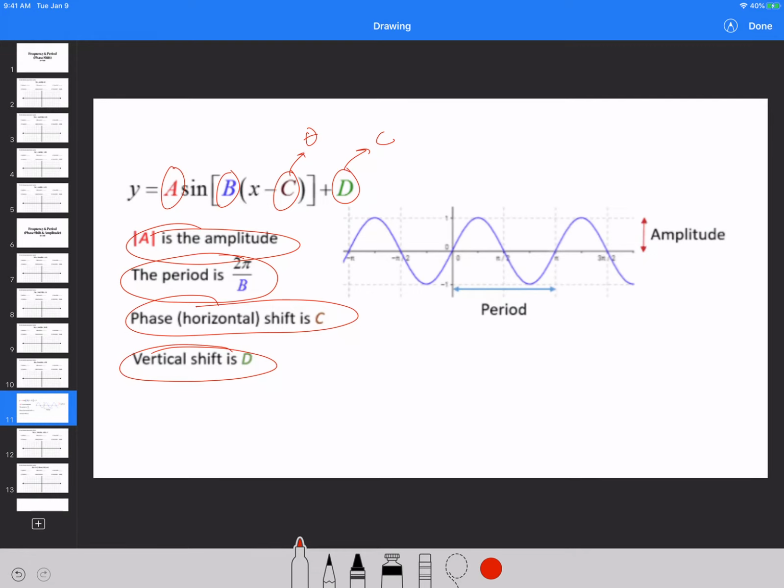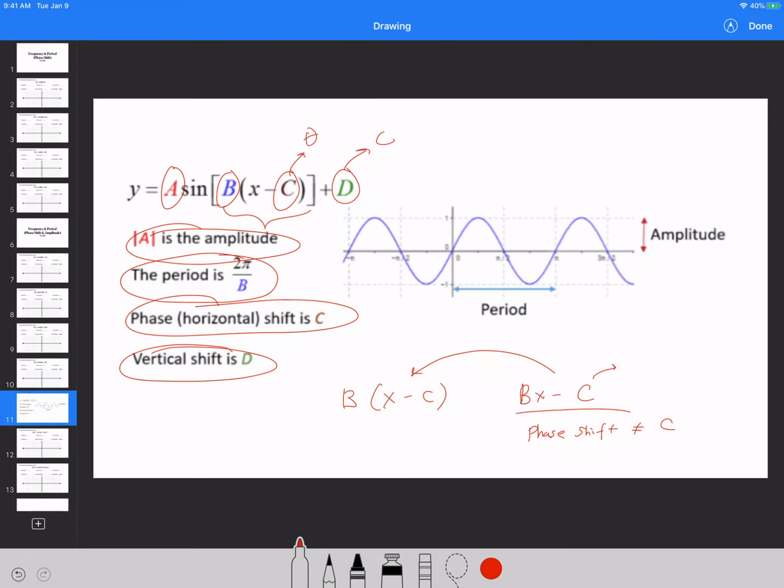Now, what you need to really understand here is, and tomorrow we'll go over this, is that this has to be in the format of b times x minus c, like that. If you ever get something where it says bx minus c, your phase shift is not c, because it's not in the parentheses form as this one.